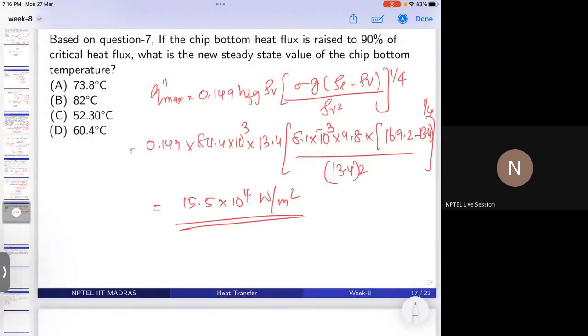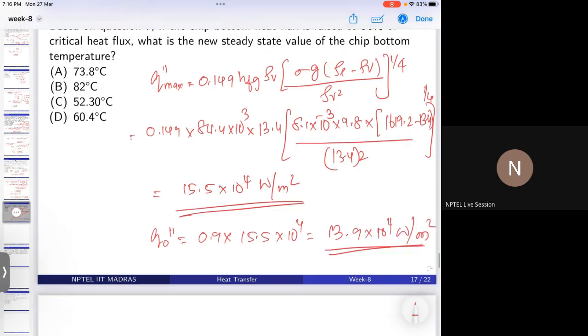What is the heat flux? That is 0.9 times the critical value, equal to around 13.9 into 10 raised to 4 watt per meter square.